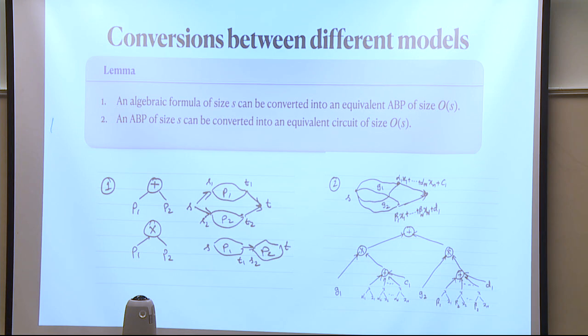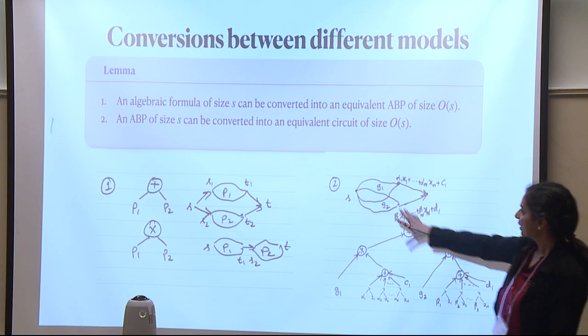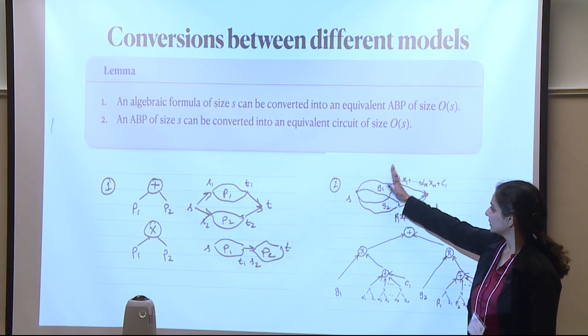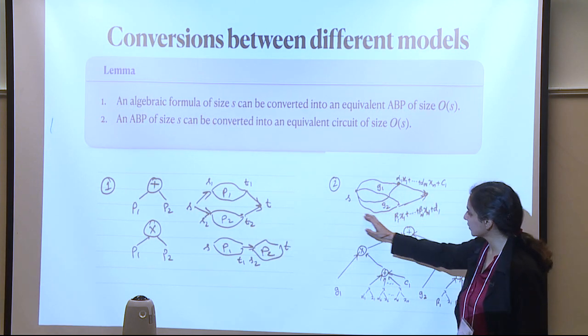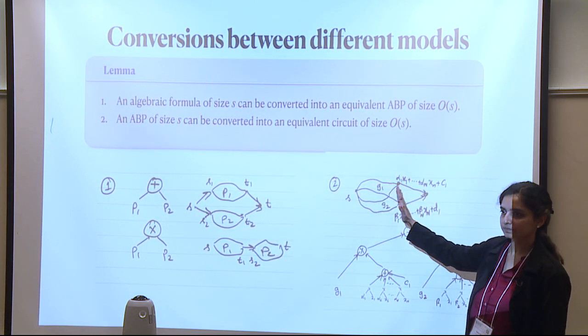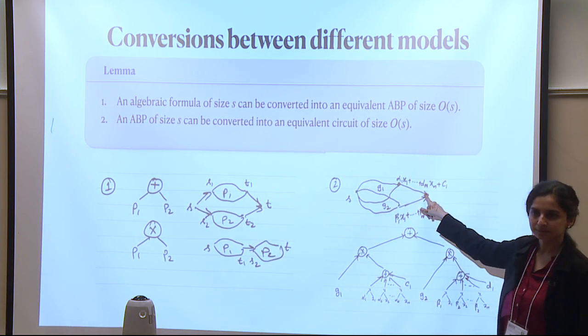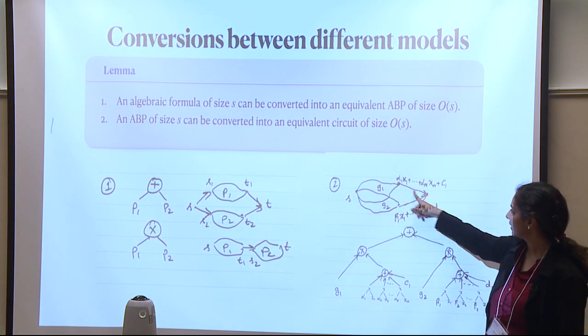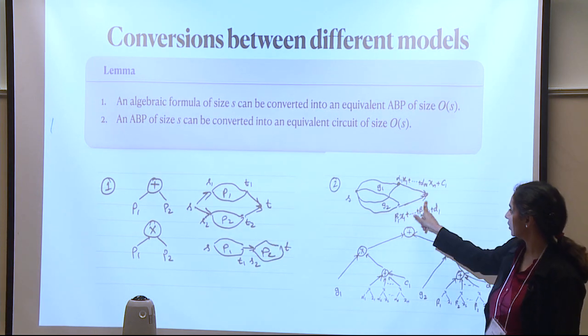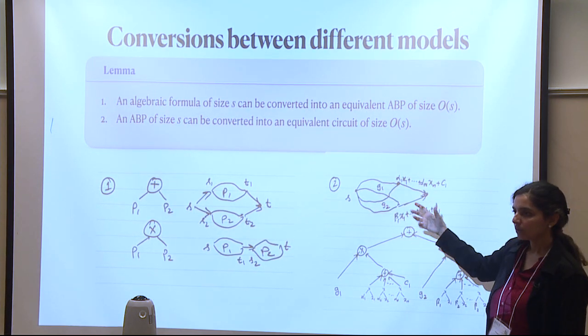What about going from branching programs to circuits? Also easy. Let's assume this is my branching program. I inductively have circuits for everything up to this layer. I want to compute something on the next layer. And we allowed that these have linear forms or affine forms. What do we need to do?